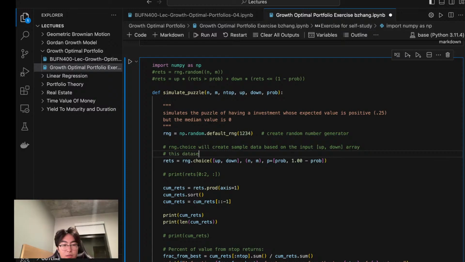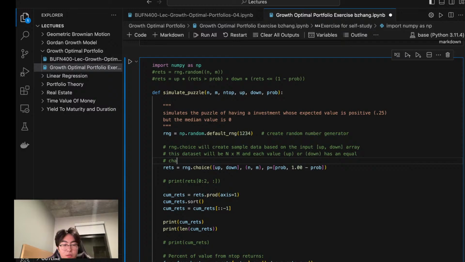This data set will be n by m, and each value, call it up or down, has an equal chance of being sampled.